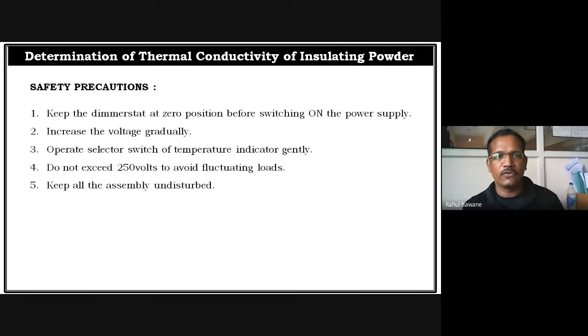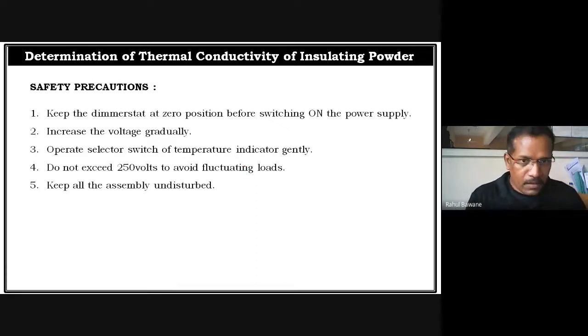Rotate it very gradually, slowly, and set a particular voltage. Any switch, any knob, operate it in a very gentle manner. And remember, never exceed 250 volts for any equipment.